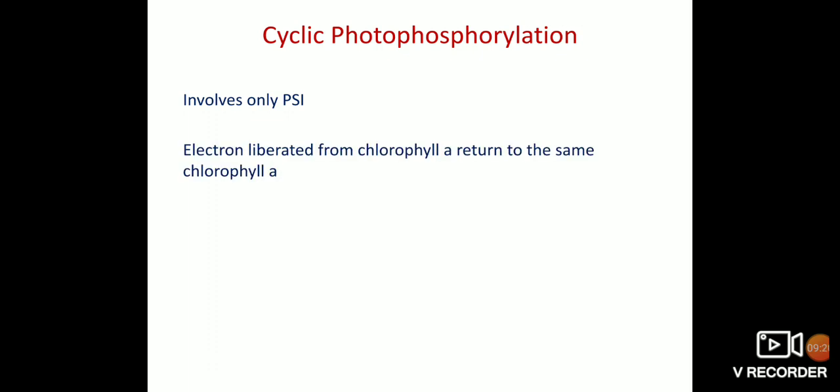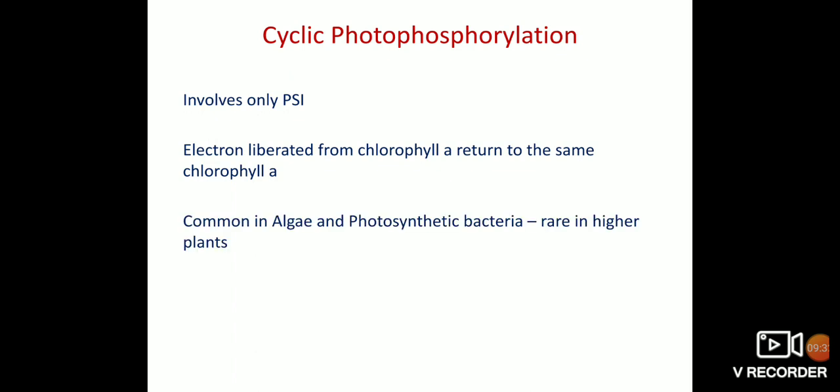Now I will be discussing cyclic photophosphorylation. In this, only photosystem 1 participates, and the electrons which are liberated from the chlorophyll A molecule return to the same chlorophyll A molecule, hence it is called cyclic photophosphorylation.